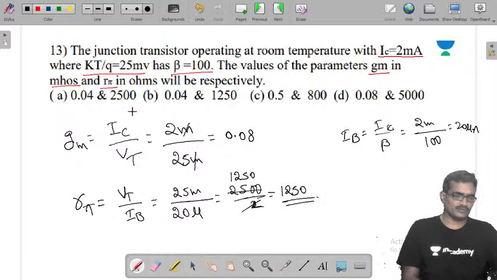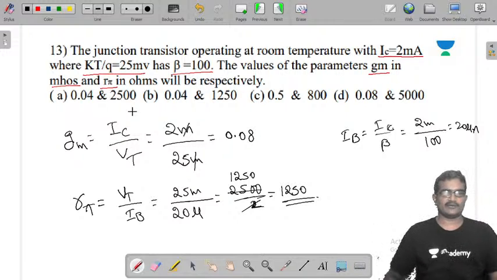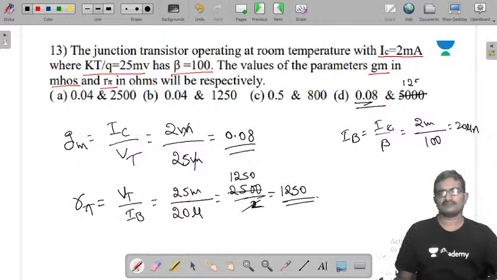Now check that 2 by 25 is 0.08. So this is GM 0.08, and R pi is 1250. Now it is 1250, sir. This is the option.